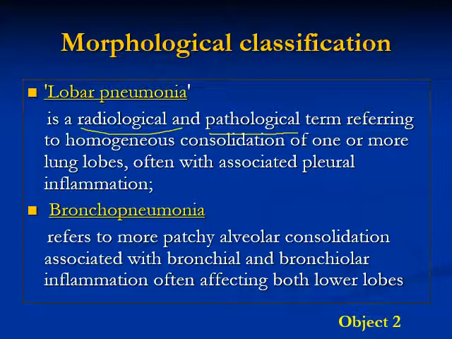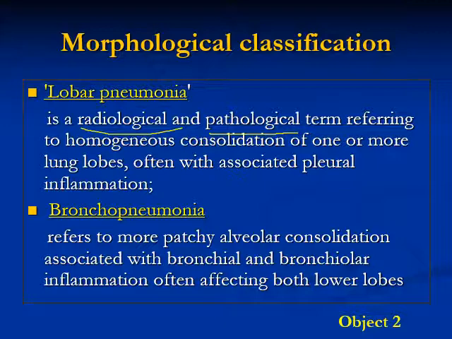It means there is homogeneous consolidation or opacity on the X-ray of one or more lung lobes, and usually lobar pneumonia extends to the pleura, causing pleurisy and pleural effusion, associated with pleural inflammation.